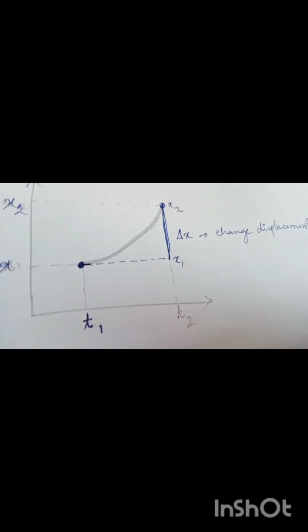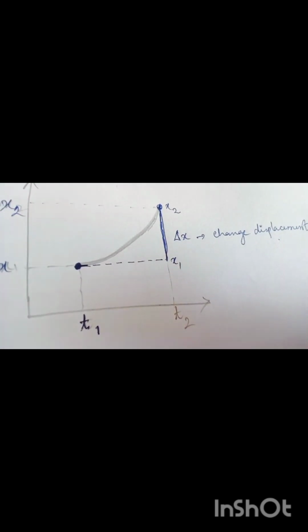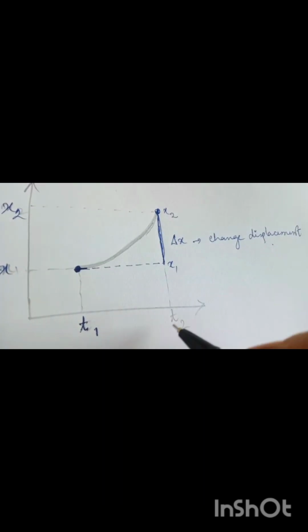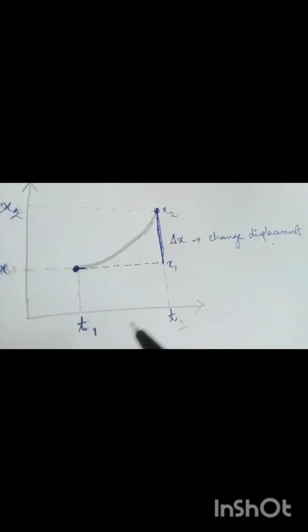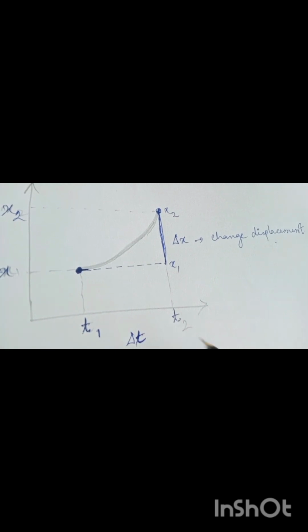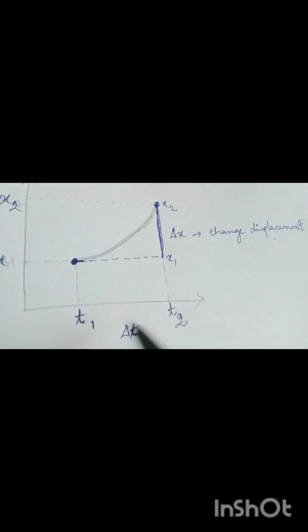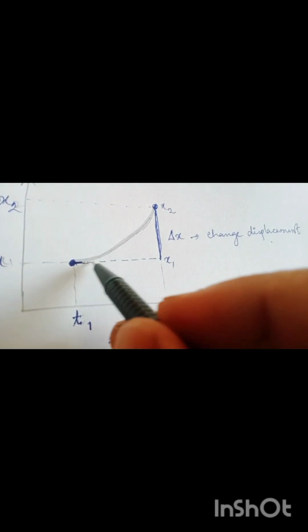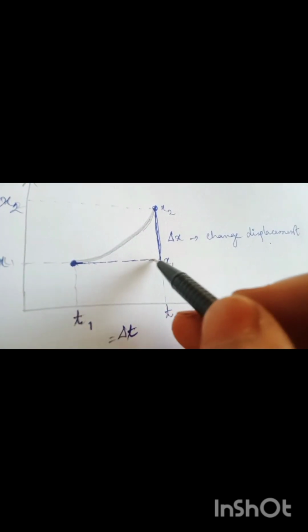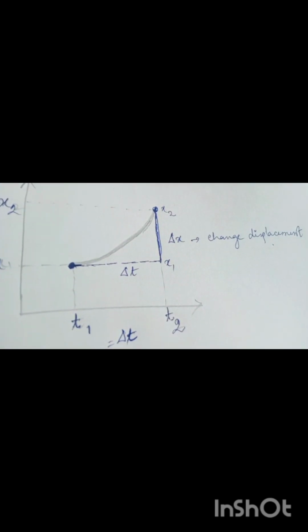Since velocity is a vector quantity, we have to calculate the displacement value. Displacement is also a vector quantity. And here the time interval is what? The difference in time, t2 minus t1. So t2 minus t1 is equal to delta t. Here this value also has the same magnitude, it is also delta t.